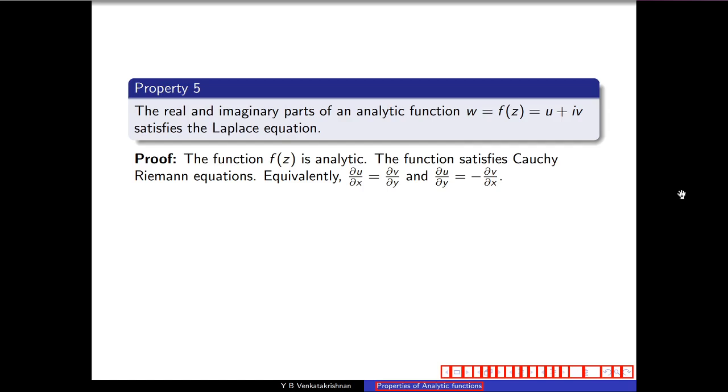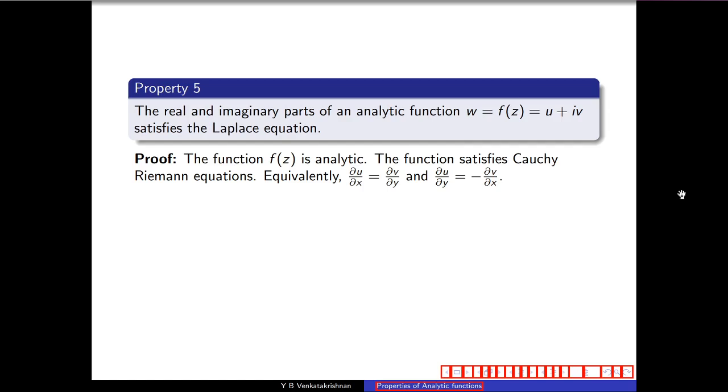Now, property 5 states that if I take an analytic function w is equal to f of z, which is u plus iv, then the real and imaginary parts satisfy the Laplace equation. What is the Laplace equation? Del squared phi is equal to 0.